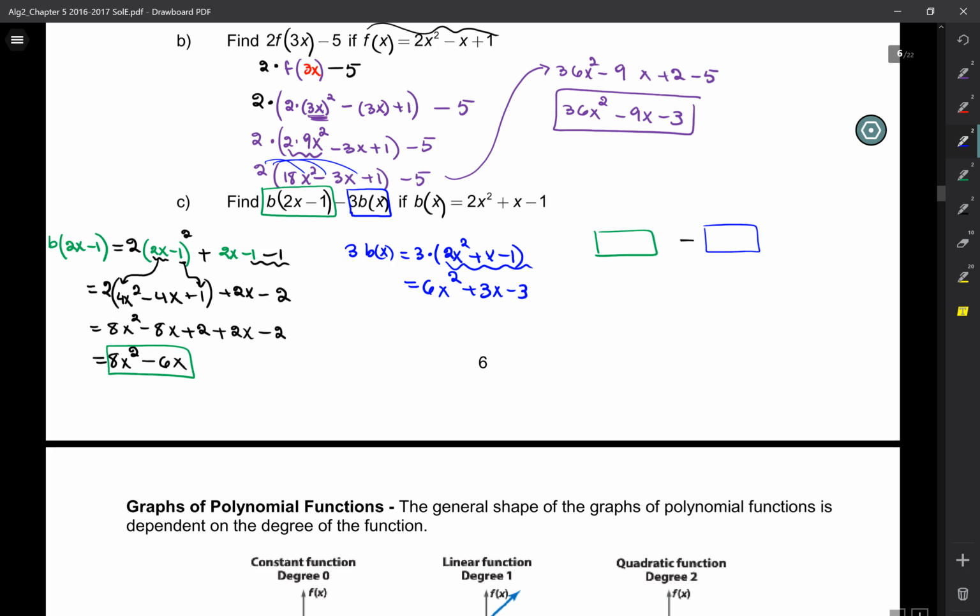Okay, can I do that now? So what's the green? It's 8x squared minus 6x minus the blue, which is this. All right, so finally, let's simplify. It's 8x squared minus 6x. Let's distribute the negative.